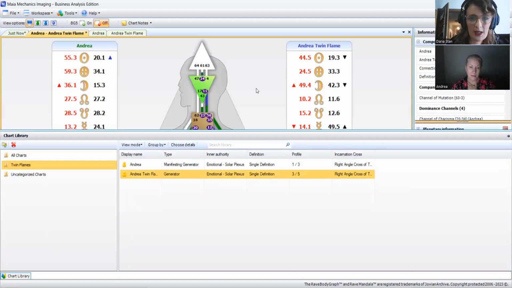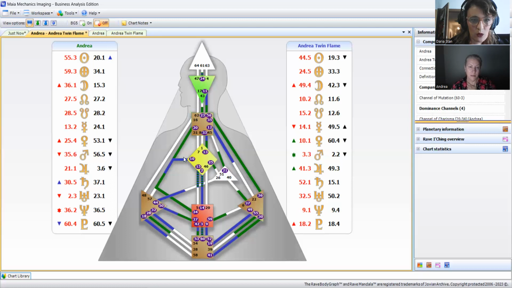What's interesting is that you have four love gates, but only two of them are electromagnetic connections.